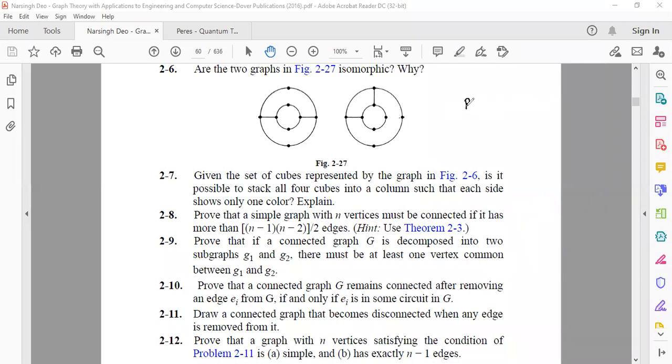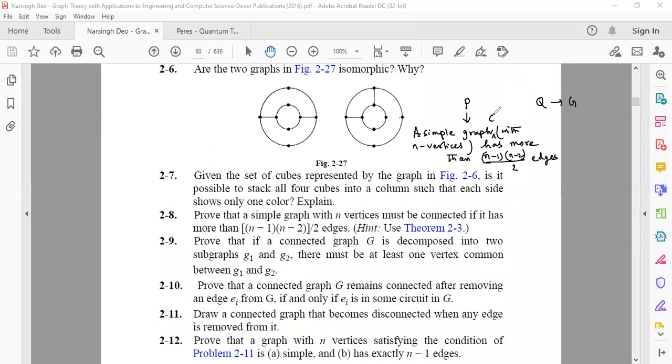We shall consider two statements P and Q. Statement P is: a simple graph with n vertices has more than (n minus 1)(n minus 2)/2 edges.